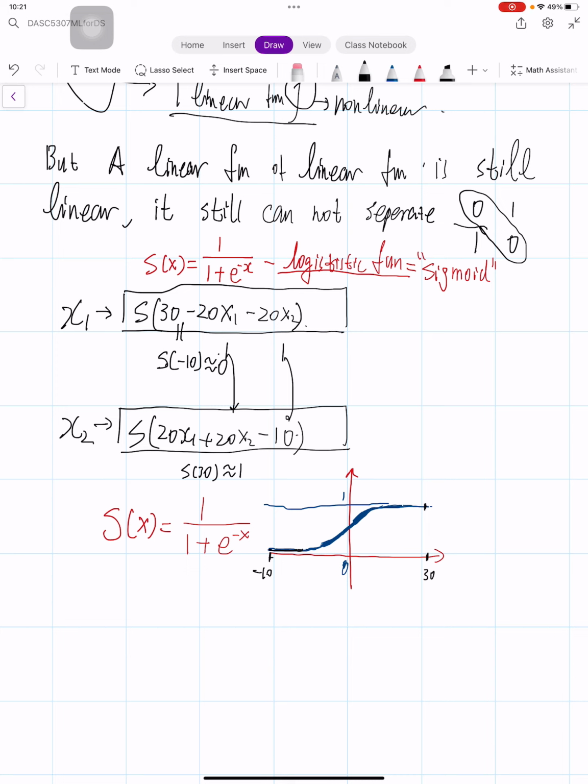After applying this activation function, we find another linear combination of the output of the first layer.